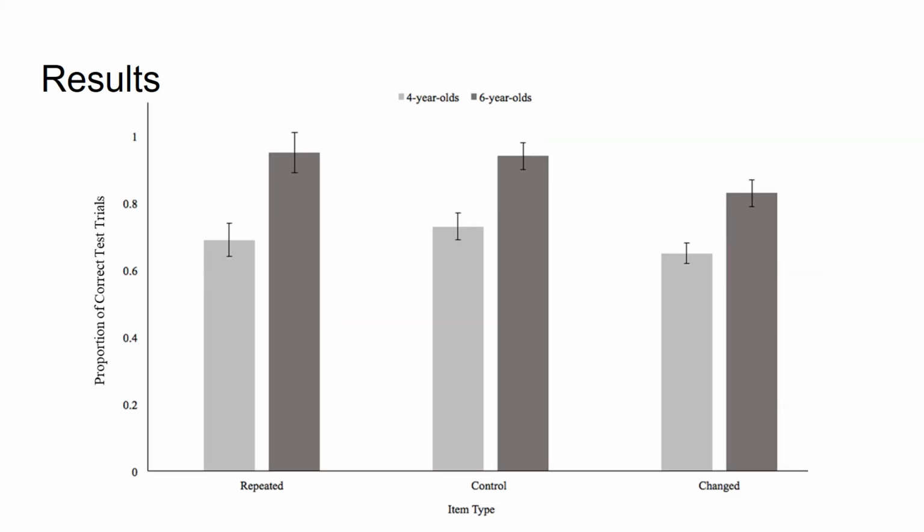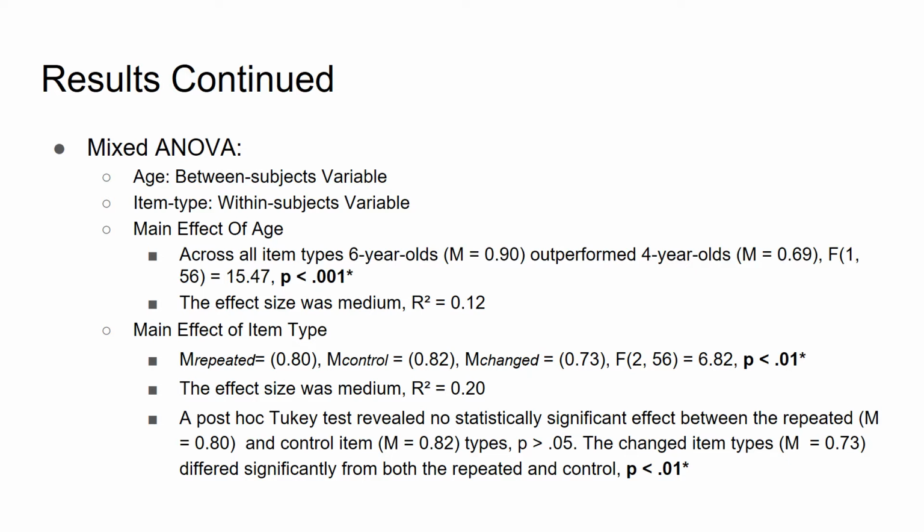Here, the means and standard deviations for the primary variables are displayed. A mixed ANOVA was employed using age as the between subjects variable and item type as the within subjects variable.